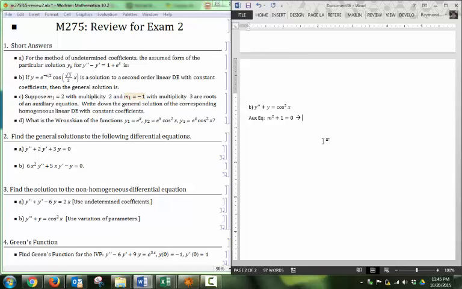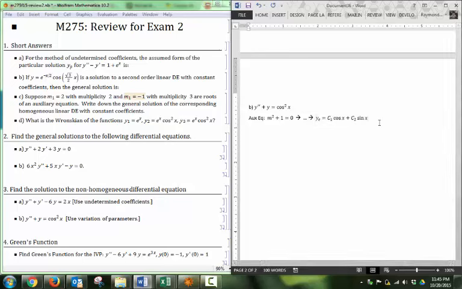So let me skip a couple of steps here and then get that our solution is going to equal C1 cosine x plus C2 sine x, and then this gives us our fundamental solutions, cosine and sine.